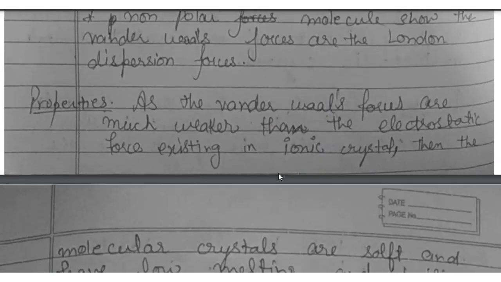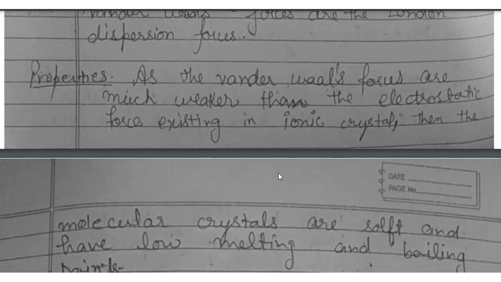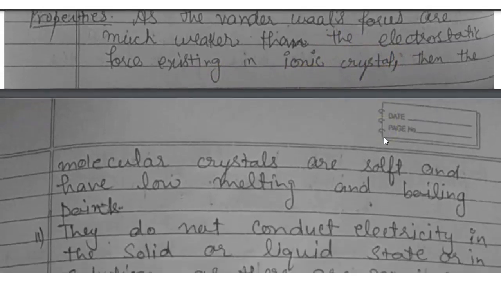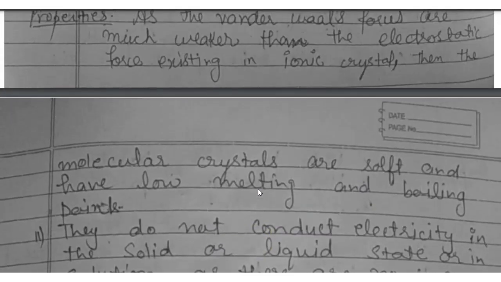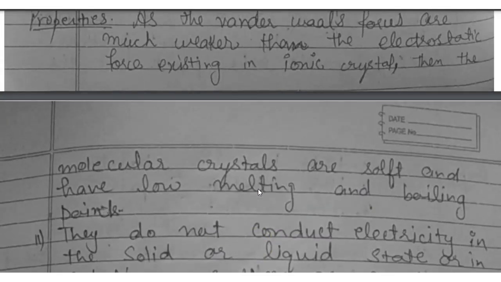Next, properties of this type. As the van der Waals forces are much weaker than the electrostatic force existing in ionic crystals, molecular crystals are soft and have low melting and boiling point. Because of weak van der Waals force, they have low melting and low boiling point.